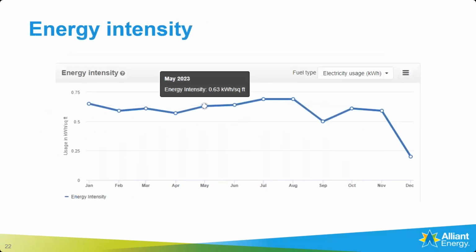Another metric available in the tool is energy intensity. And this is an indicator of your overall energy usage per unit of area, or square foot. So in this case, this facility is operating at 6,300 kilowatt hours per square foot.